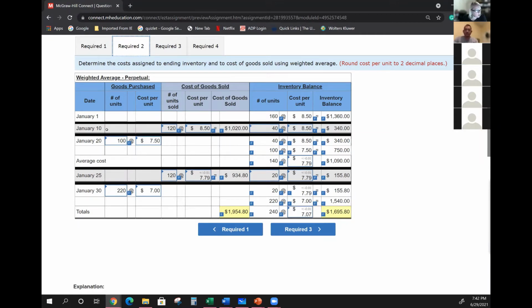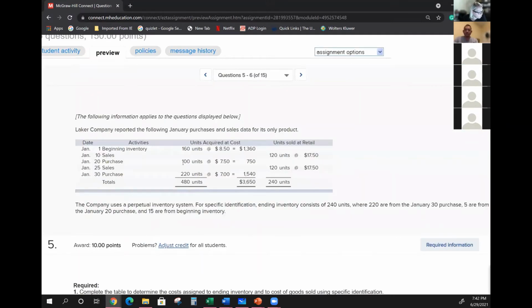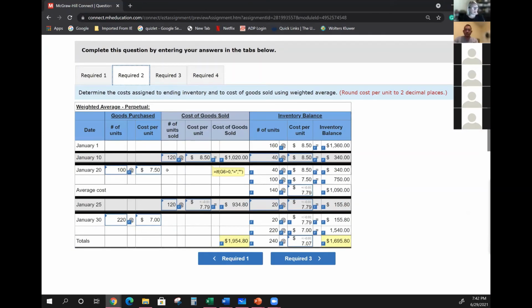So now when I go on January 20th and make a purchase, I have a new purchase of 100 units at 750. So you're going to key that in your table. Now I've got to figure out the average of the 40 at 850 and the 100 at 750. So what is my total? I have 140 units. On your table, you're working it out for each one, right?